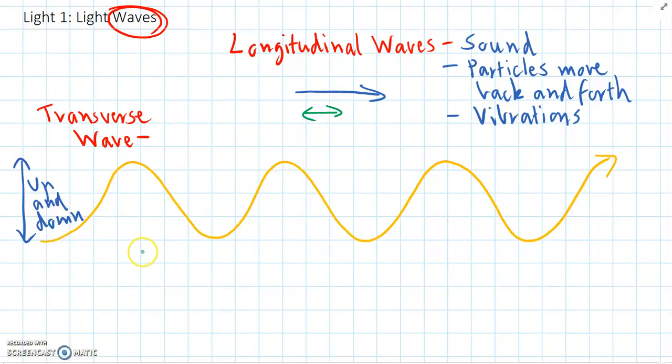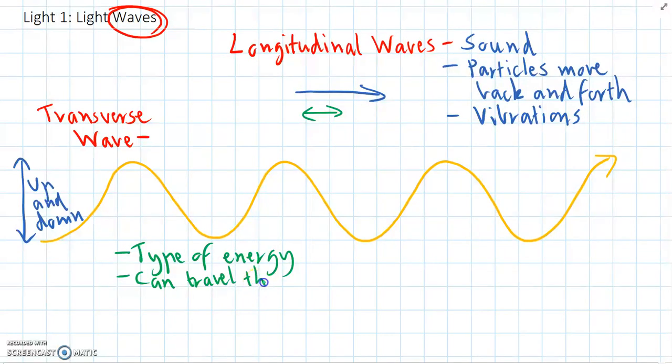So light overall, we can say it's a type of energy because it can travel through space. And it's not an actual particle, and it's not particles vibrating, which is what a sound wave is.